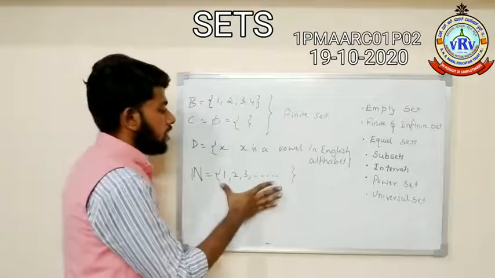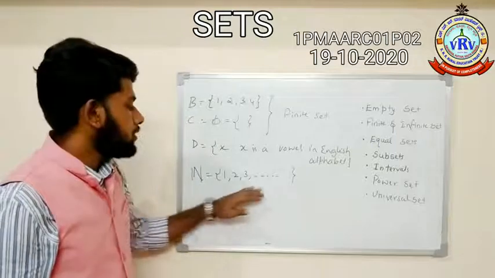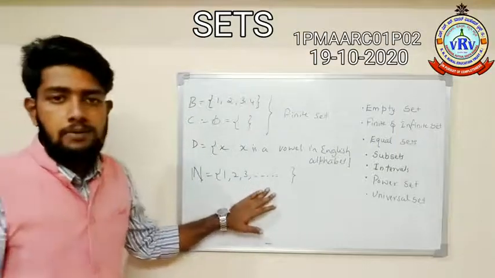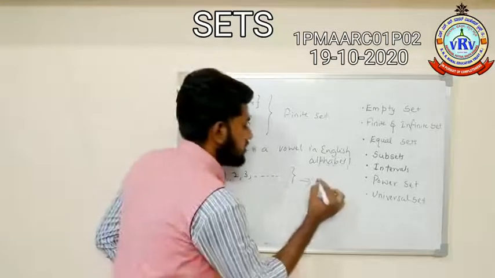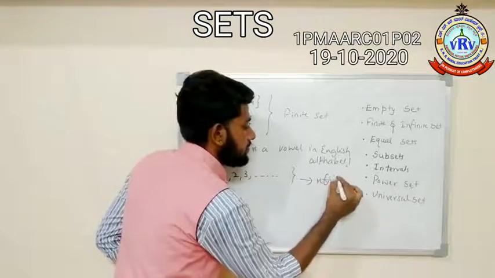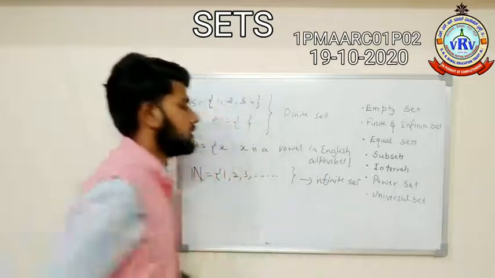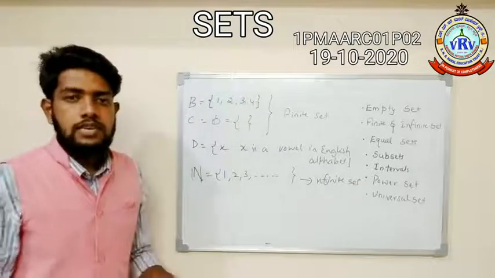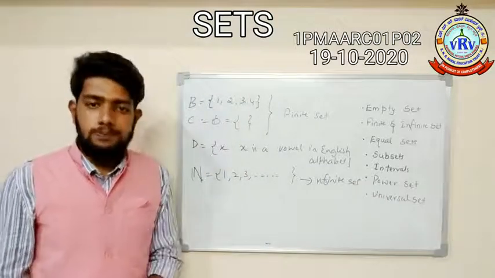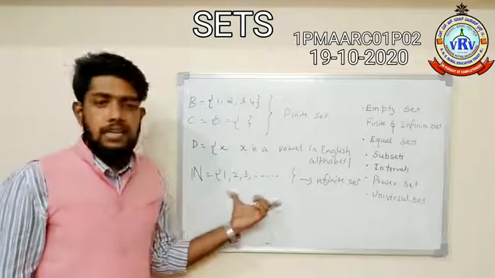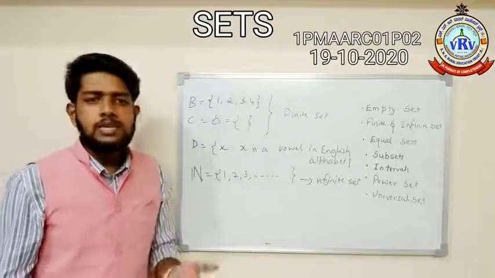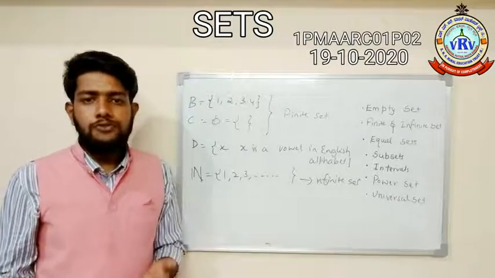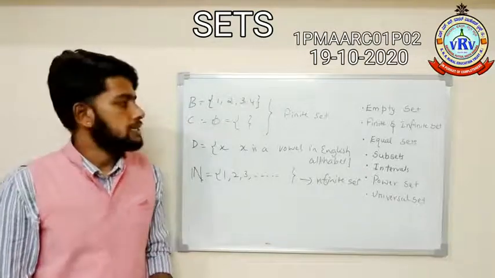How many elements are there? So many, right? Infinitely many elements are present in the natural number set. So this is an infinite set. Or you can say, if a set is not finite, then it is an infinite set.